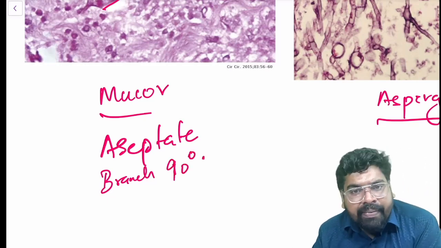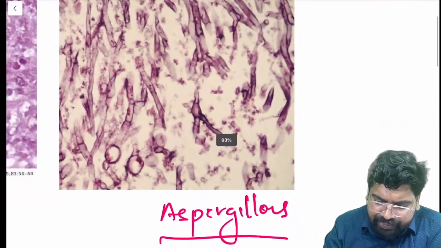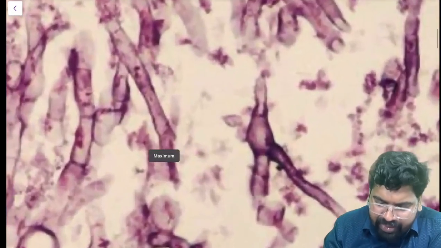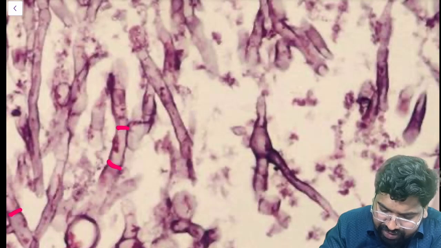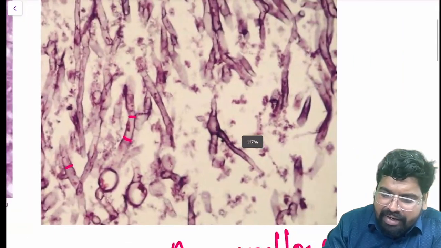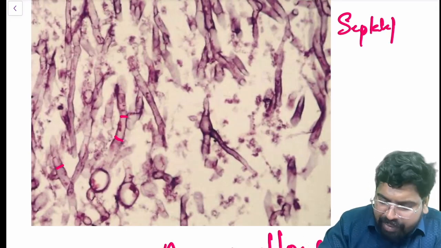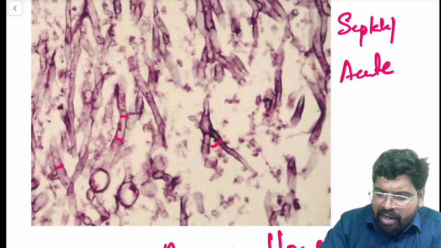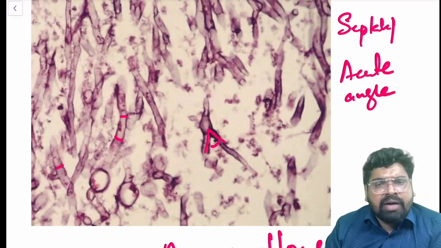While in aspergillosis, if I magnify it, you can see that they are septated. You can see the differentiation. They are septated, and the branching is at an acute angle; the branches form an acute angle with the main body.